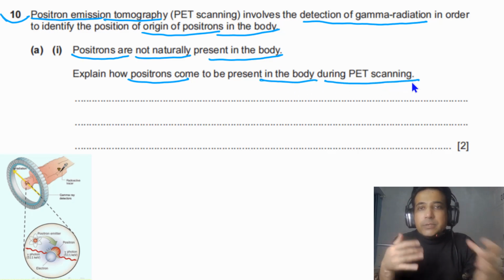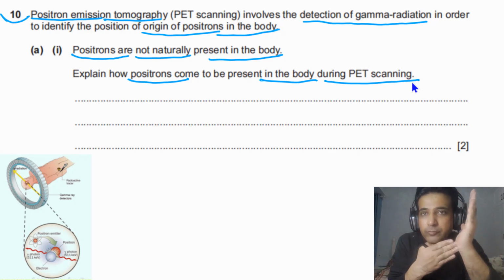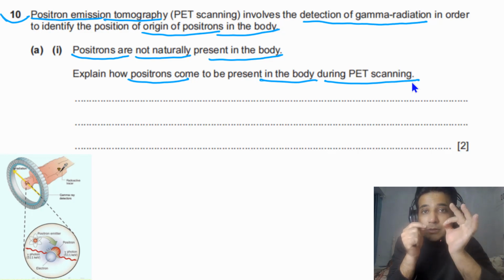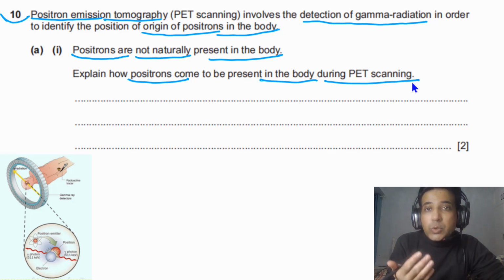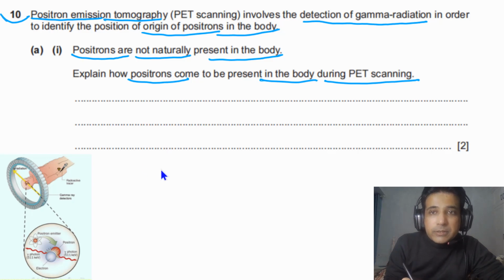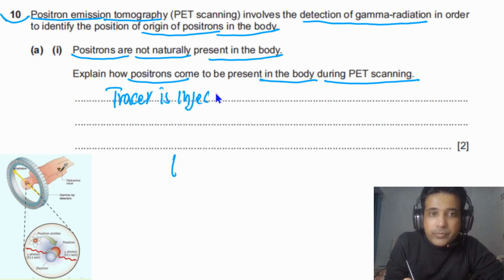So it is a very straightforward question. Simply we inject a tracer into the body of the patient, and the tracer consists of a beta plus emitter, meaning a positron emitter. So in this case we need to write down that the tracer is injected into the body of the patient.